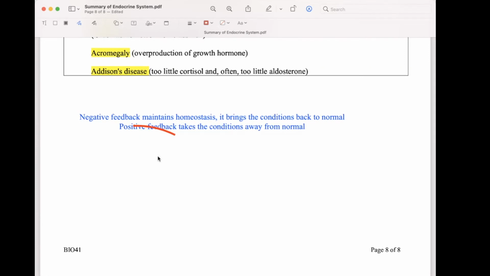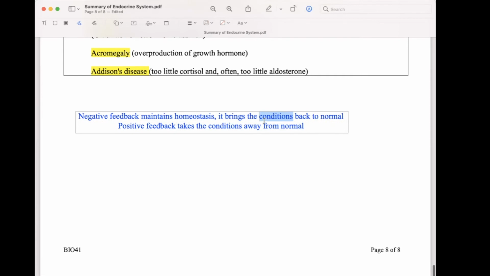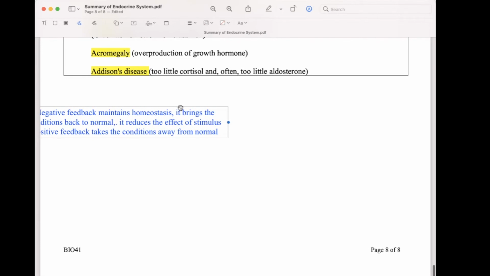It takes the conditions away from normal, so it doesn't maintain homeostasis. You can also say over here, it reduces the effect of stimulus. It makes some changes which reduce the effect of stimulus. Who? The negative feedback mechanism.